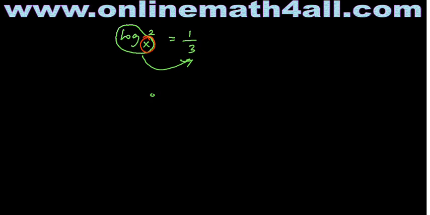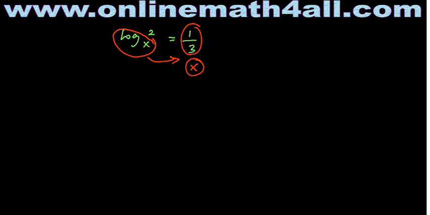So we'll have 2 is equal to, when this part goes to the right side, we have to consider only x, and this 1 by 3 will become power. I'll show you here. So 2 will be left on the left side. So we'll have only x. This 1 by 3 will become power.